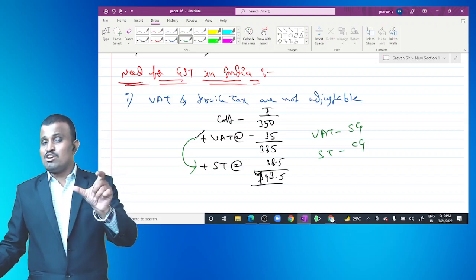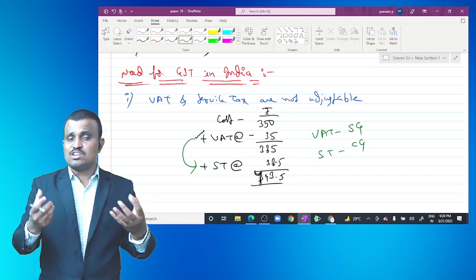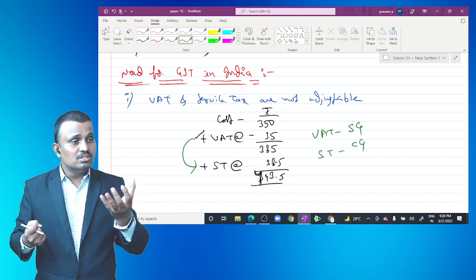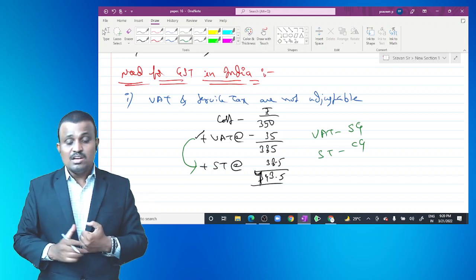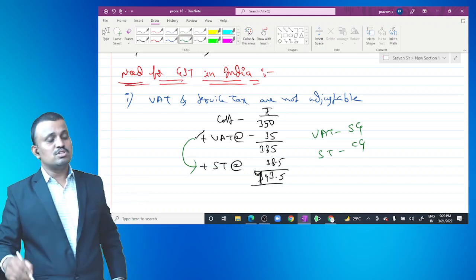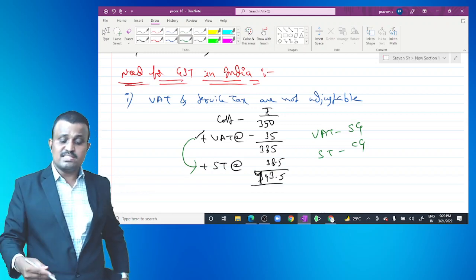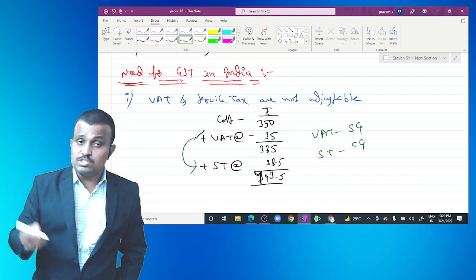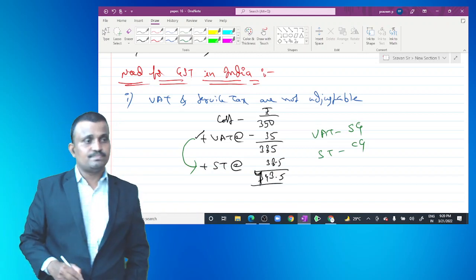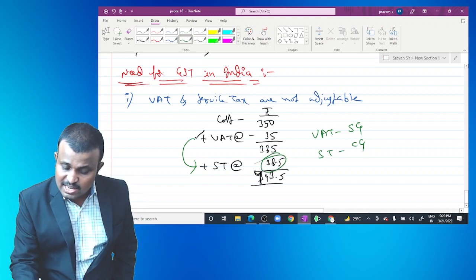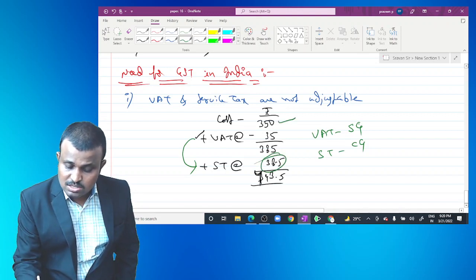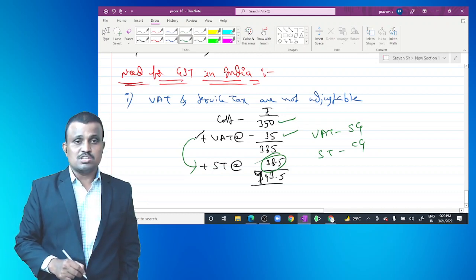So here the value of food is a combination of good as well as a combination of services. On the good they need to pay VAT, on the services we need to pay what? Service tax. But here VAT imposed on 350 and service tax imposed on 385, which is inclusive of VAT. So here the service tax imposed on cost as well as VAT.